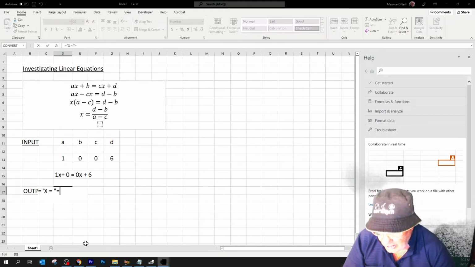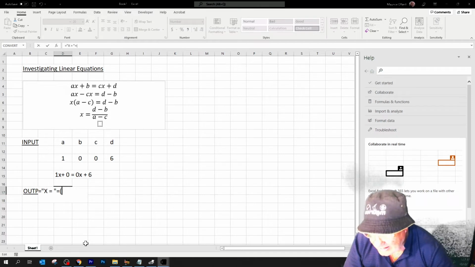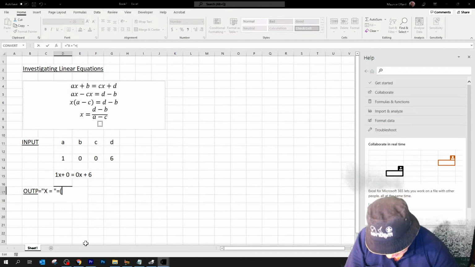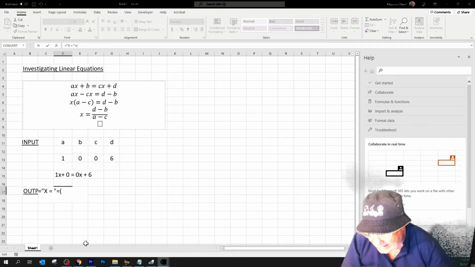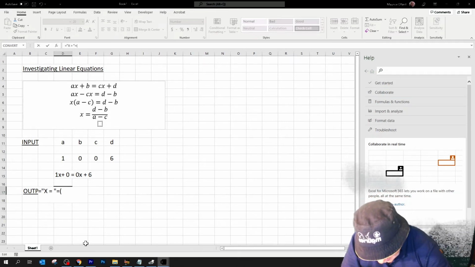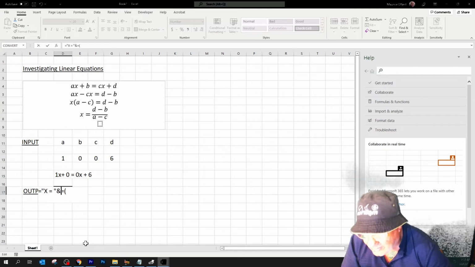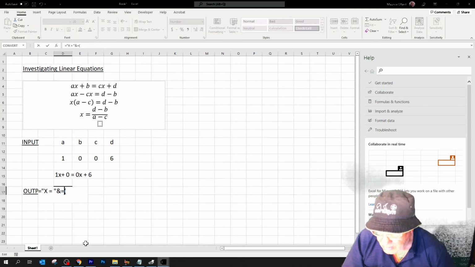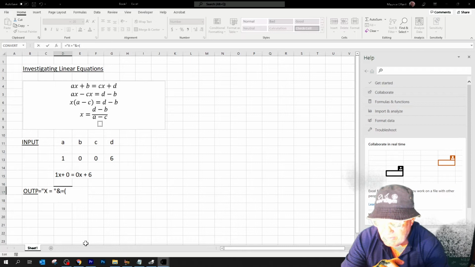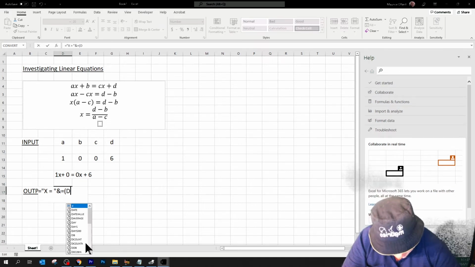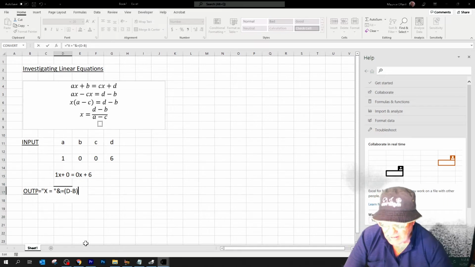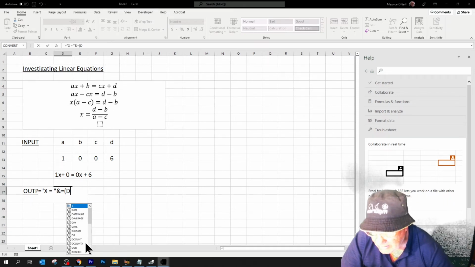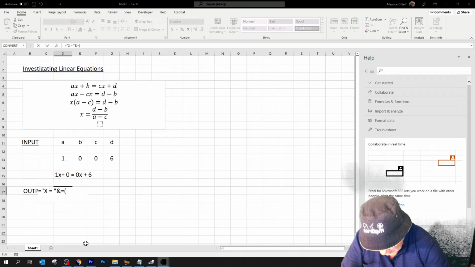So we can go equals brackets. Oh, we'll put an and in here. An and, yeah, equals bracket, and we can go D minus B. Okay. Oh, maybe we can go little d.